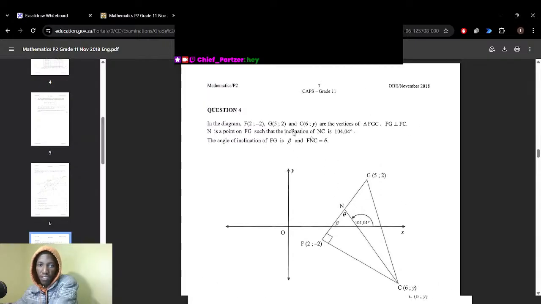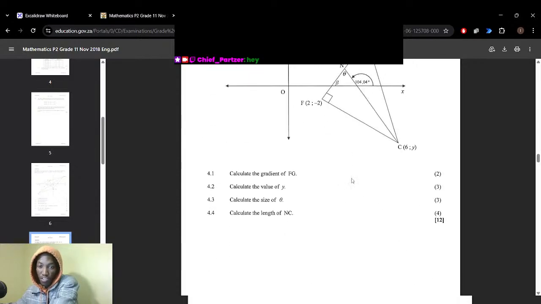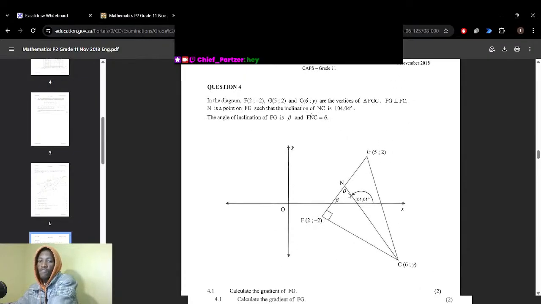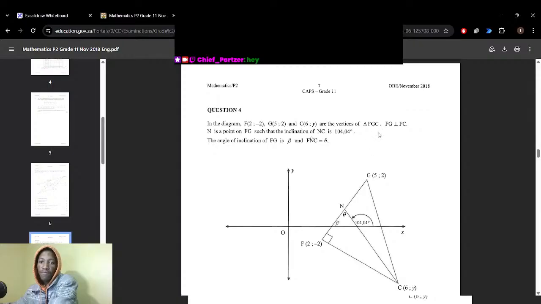One might say, when looking at this question, that there's nothing involved with trigonometry because we don't see any trig functions, sine, cos, or theta. But I would beg to differ, because this entire question is based on trigonometry, as much as you don't see any trig functions or trig ratios.